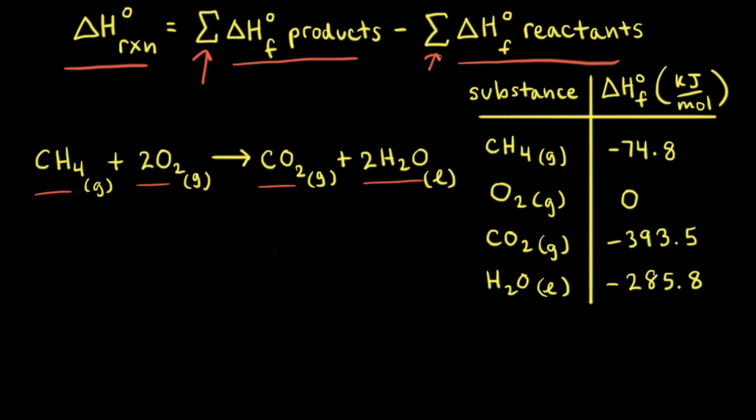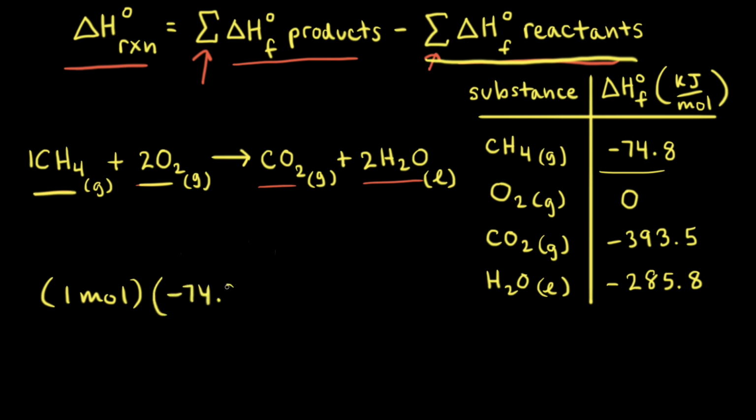Next, we need to sum the standard enthalpies of formation of our reactants. So the 2 reactants that we have are methane and oxygen, and we have 1 mole of methane. So let's go ahead and write that in here. So we have 1 mole of methane. The standard molar enthalpy of formation of methane is negative 74.8 kilojoules per mole. So we're multiplying 1 mole by negative 74.8 kilojoules per mole.